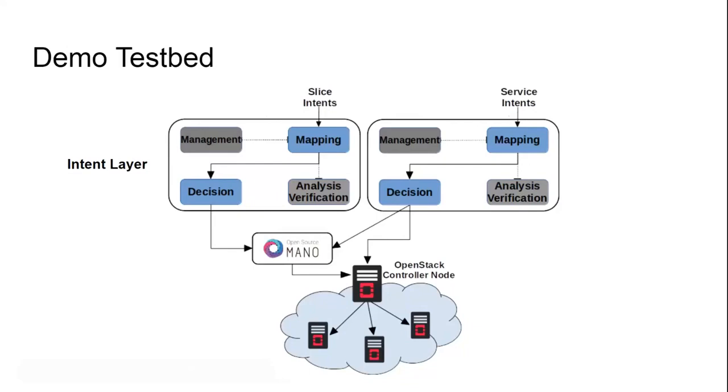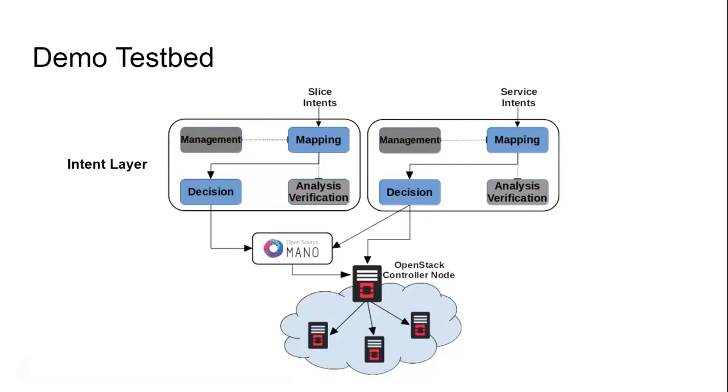While the service intent has to interact also directly with OpenStack. This was needed because OSM does not yet support the possibility of dynamically creating or deleting service chains inside a service. So that's why we had to go directly towards the VIM.